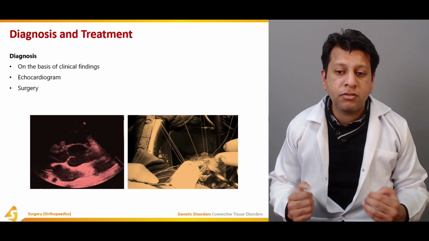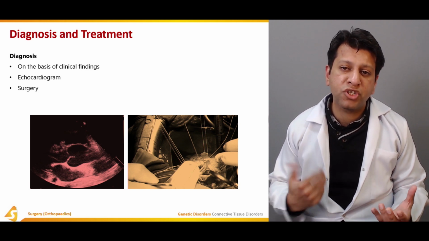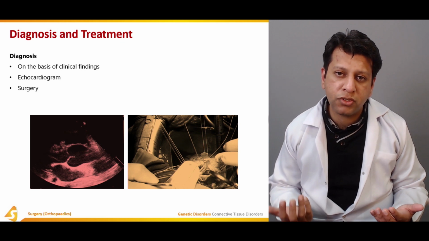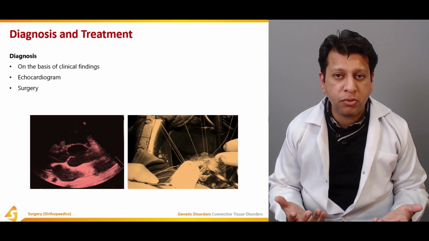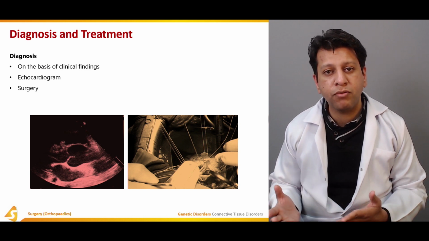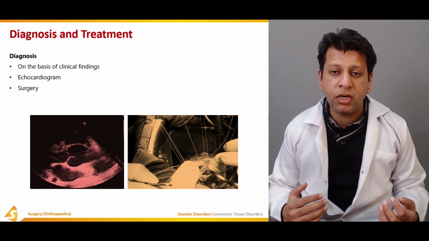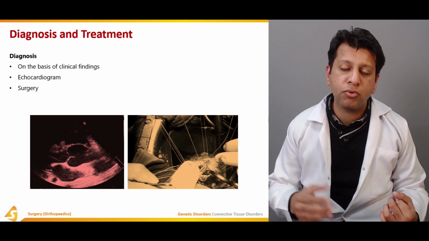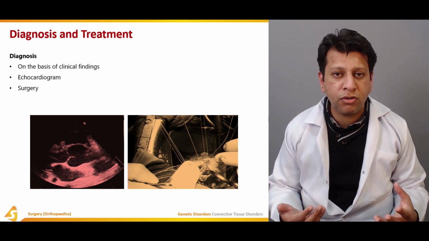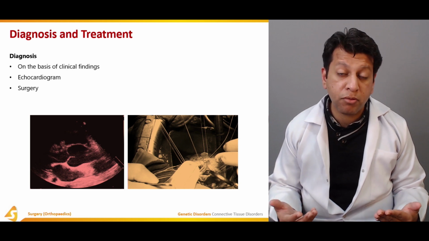Then usually the surgery is directed against the complication. For example, if their spine is going into some kind of kyphosis, then probably fusion may be required. If they present with a pathological fracture, then we may have to treat that. Or if they present with ocular abnormalities such as superior dislocation of the lens, then surgery for the lens may have to be performed.